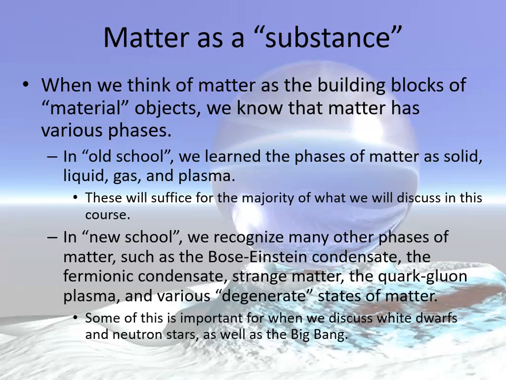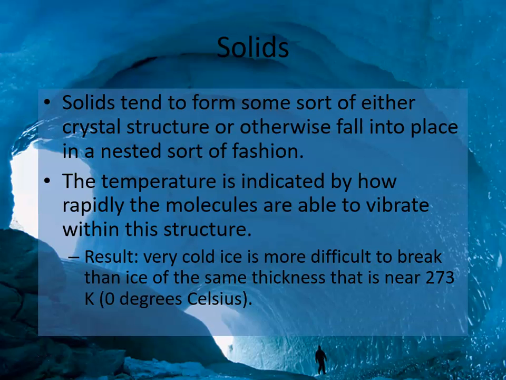And some of this is important for when we will discuss white dwarfs and neutron stars, as well as the Big Bang, because particularly these degenerate states of matter are extremely important with white dwarf stars, and they're also important in the cores of the giant planets.